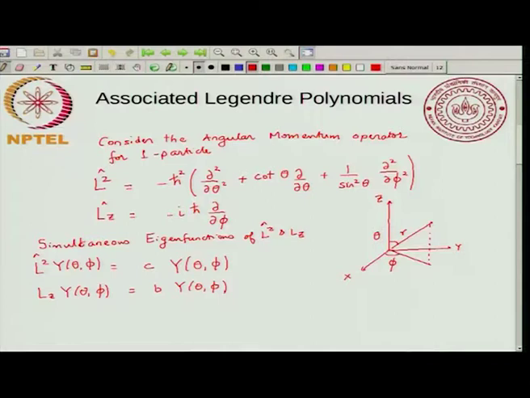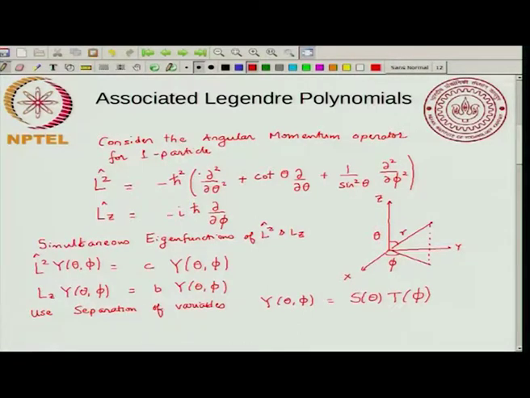Before we do that, note this is a function of two variables, so we'll use separation of variables. You write y of theta phi as a function s, which is only a function of theta, times t, which is only a function of phi, and you substitute in these equations.